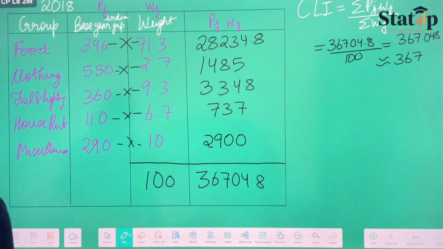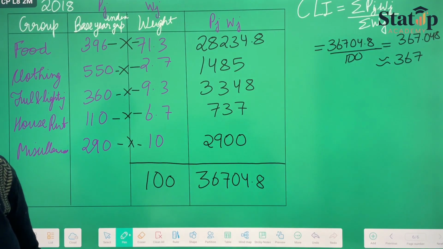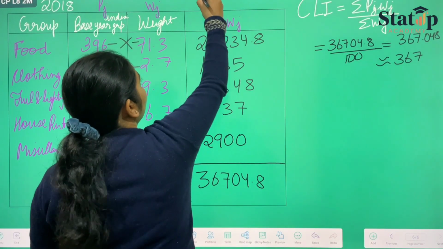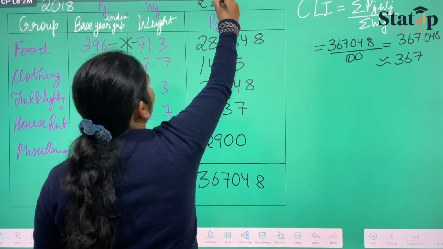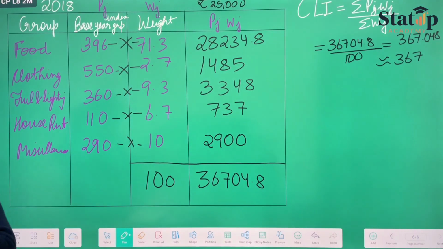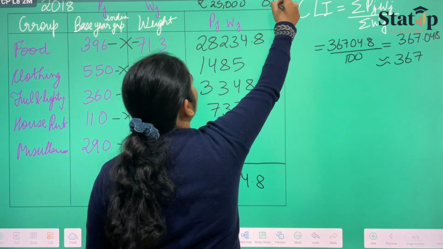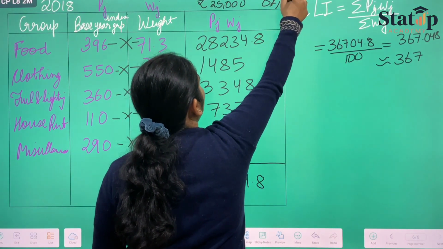Okay, now we have to find the dearness allowance as well. We have been given that the base salary, or original salary, was rupees 25,000, and the actual salary is 82,900.